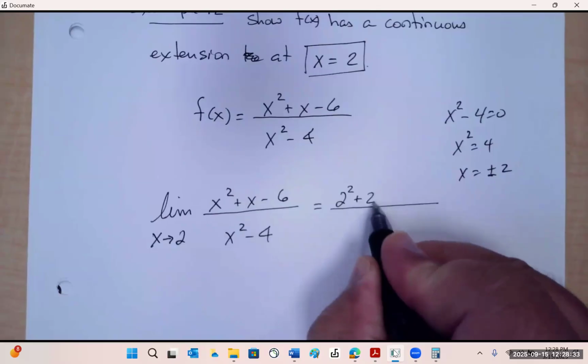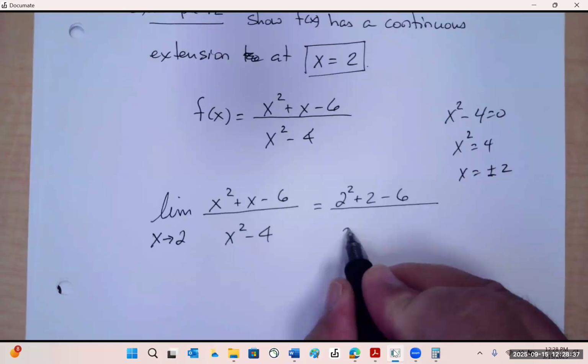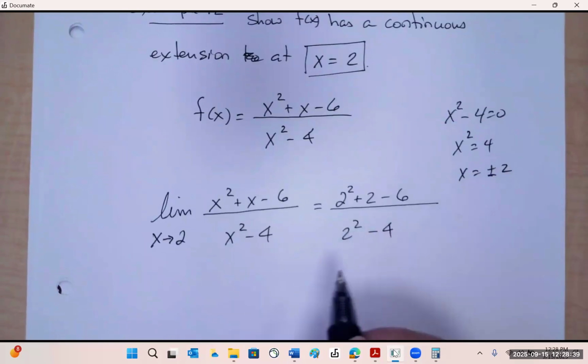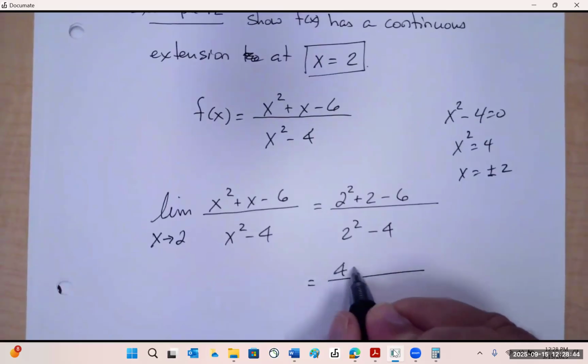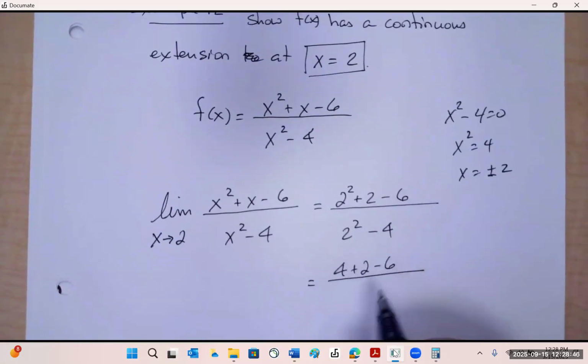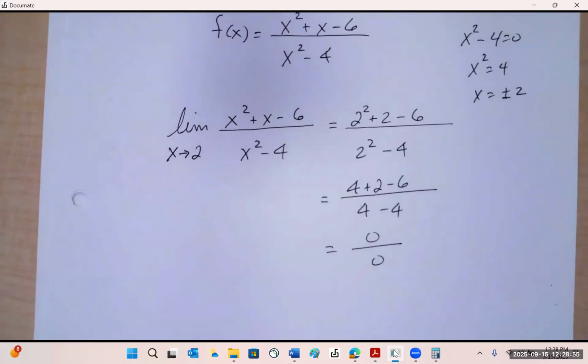Two squared plus 2 minus 6, over 2 squared minus 4. 4 plus 2 minus 6, over 4 minus 4. 0 over 0. And that's exactly what we wanted.